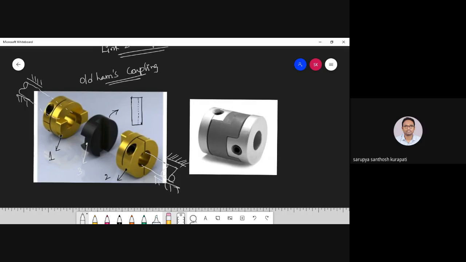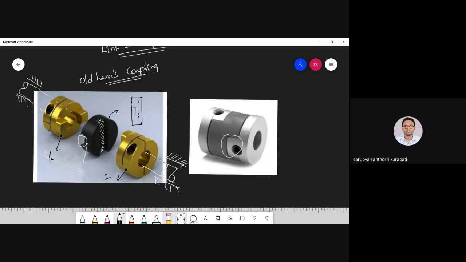So I'll just show you. There is a slot here, and you can see here also a slot. In this particular direction, along the x-axis, a slot is there. So in the front view, you can see the slot.